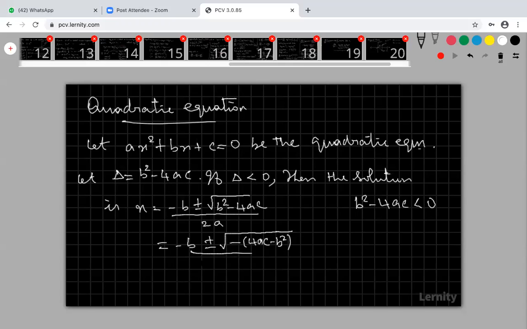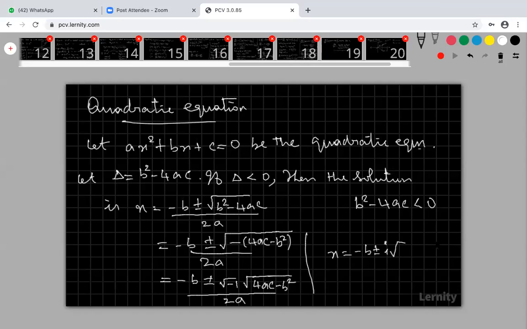Therefore, this can be taken as minus b plus or minus i, that is root of minus 1, into root of 4ac minus b square divided by 2a. So x is equal to minus b plus or minus i into root of 4ac minus b square divided by 2a. These are the roots of the given quadratic equation.